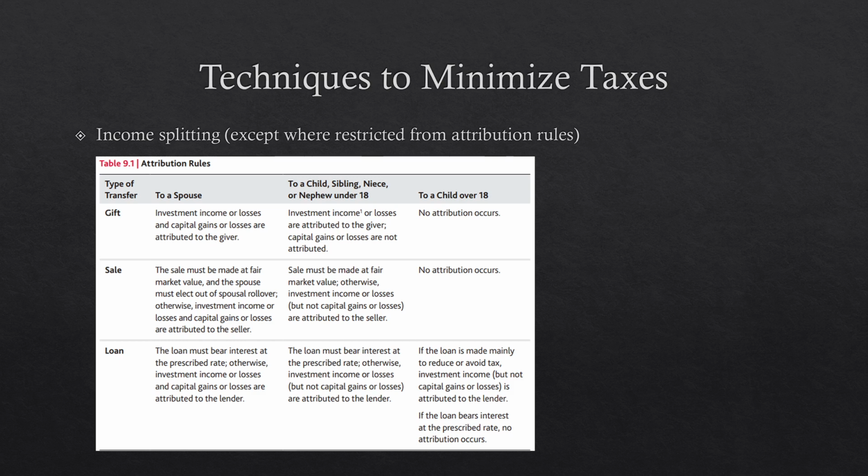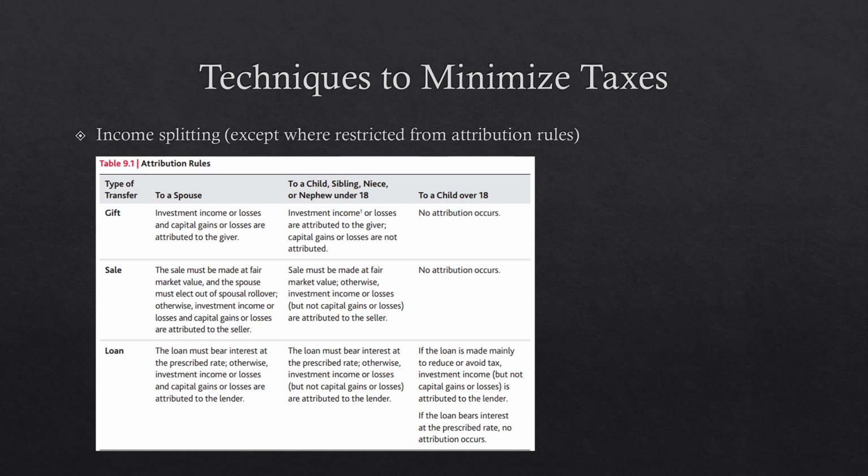Now, if you do sell an asset, the sale must be made at fair market value, and the spouse must elect a spousal rollover. Otherwise, the investment income would be attributed to the seller. That comes into play for both the spouse and a child under the age of 18.